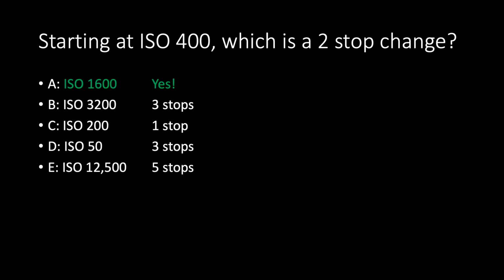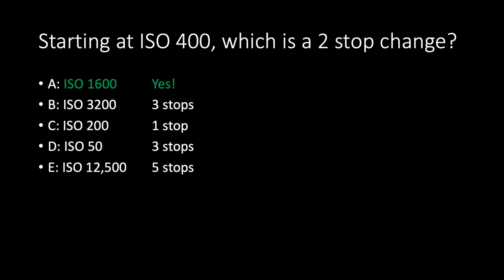All right, we're back. So A, ISO 1600 represents a 2-stop change from 400. So we go ISO 400, double that to 800, double that to 1600, and there's your 2 stops. 3200 is a 3-stop change because it's 1 stop brighter still than 1600.